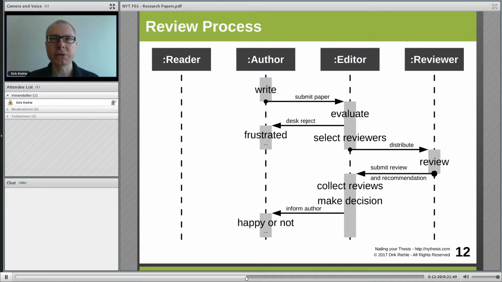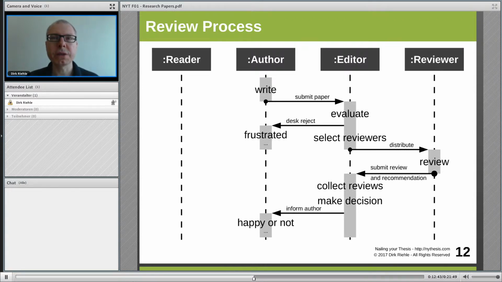So then the editor will select reviewers, typically for quality reviews, at least 3 independent reviewers. And the reviewers will then receive your paper and your submission, and will review it, which is an informed opinion with a recommendation on what to do about your paper.